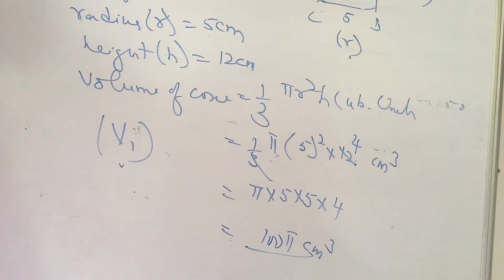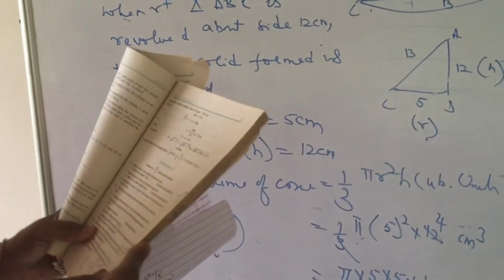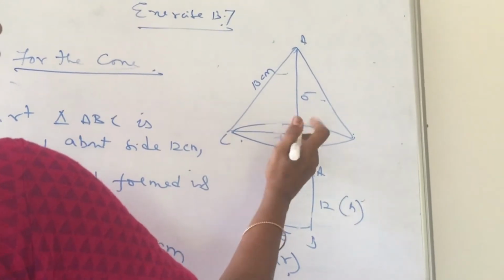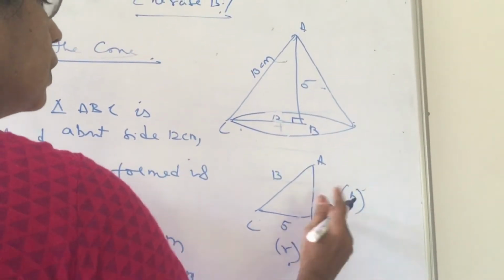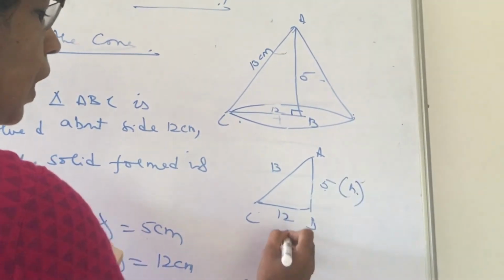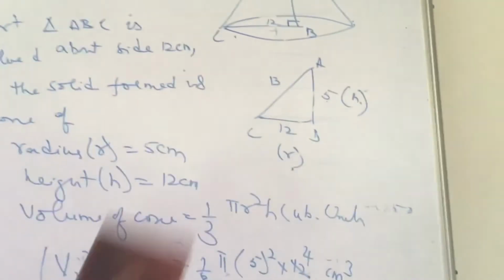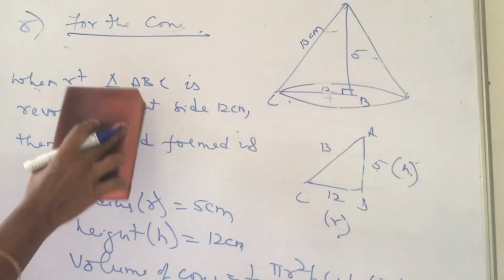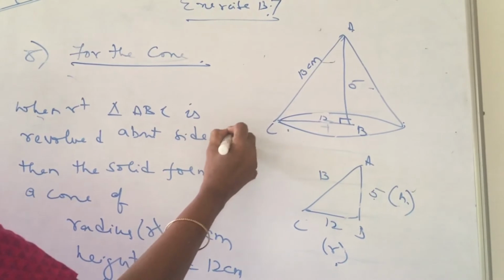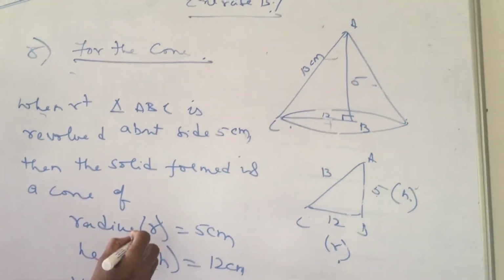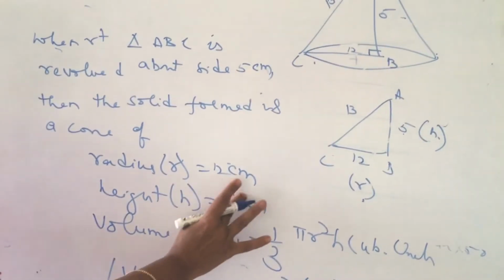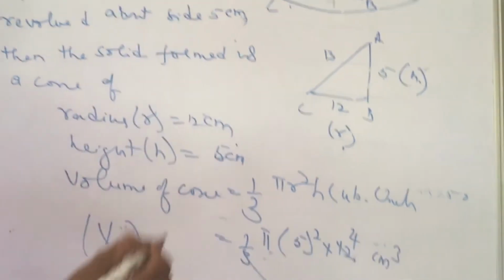The same cone is revolved about the side 5 centimeters. So this 5 becomes the height and 12 becomes the radius. When the right triangle is revolved about the side 5 centimeters, then the solid formed is a cone of radius how many centimeters? 12, and the height becomes 5.